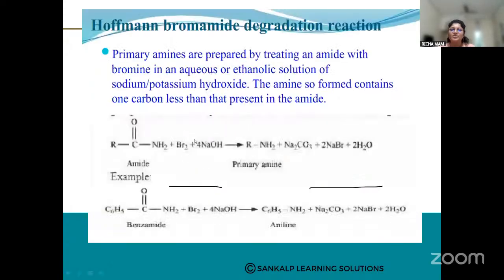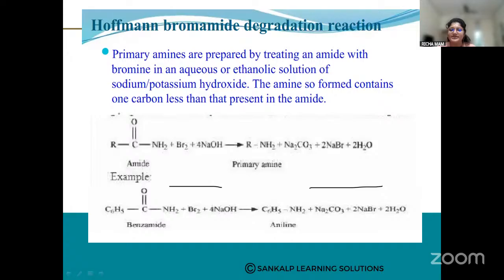Next, we have also seen the Hoffmann bromamide degradation reaction. By this method you can prepare a primary amine. You only have to treat the amide with bromine in aqueous or ethanolic solution of sodium or potassium hydroxide.